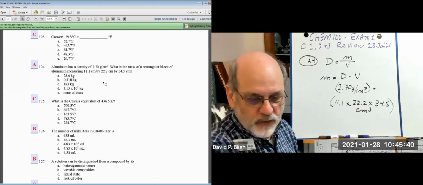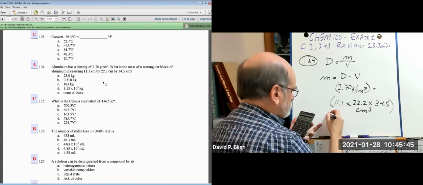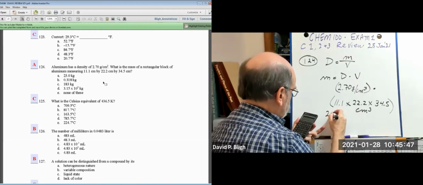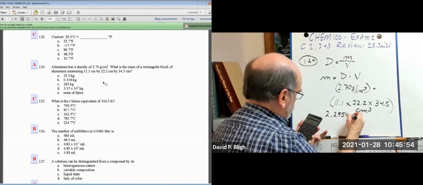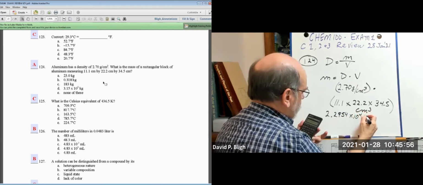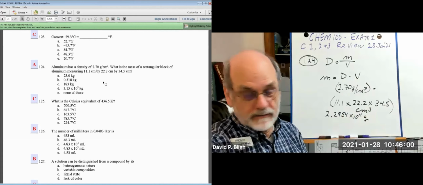And we can keep 3 significant figures out of this number. Okay, that's what my calculator told me.